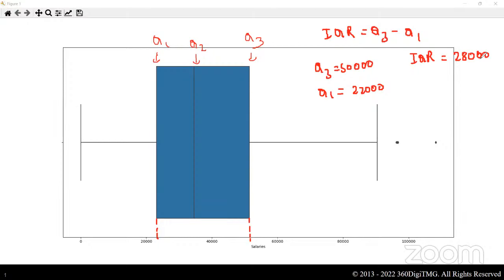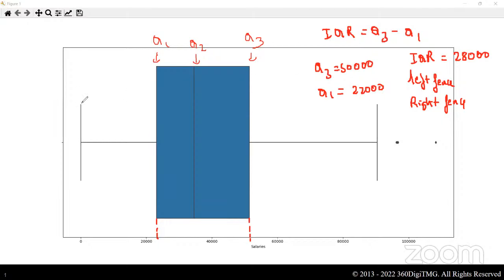The next thing we'll do is we'll calculate the fences. These fences define the boundary of our outliers, where whatever values fall within these fences are known as not outliers. Whatever fall outside these fences are known as outliers. So we have left fence and we have right fence.